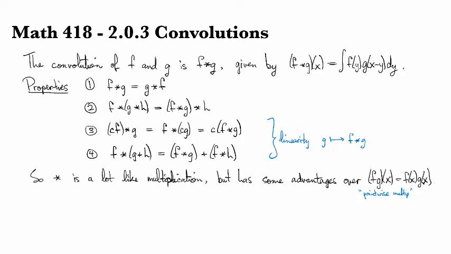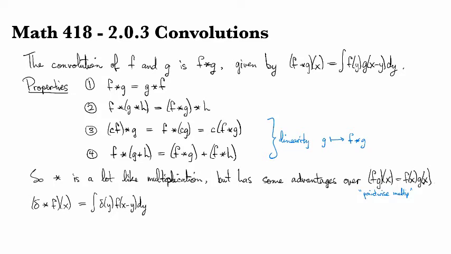So, for example, what happens with a Dirac delta? If we look at the convolution of delta with f, well, at the point x, this is going to be given by the integral of delta of y times f of x minus y dy. And what does delta do?